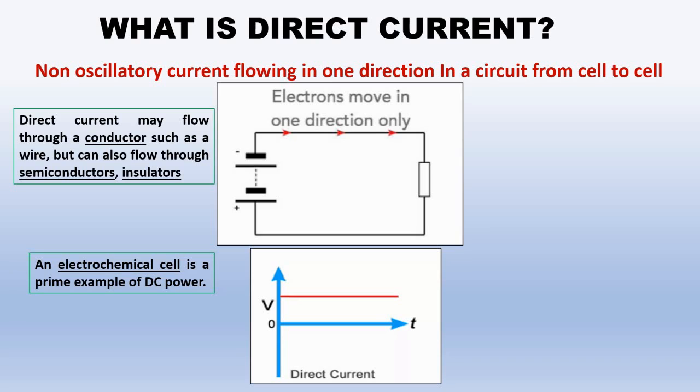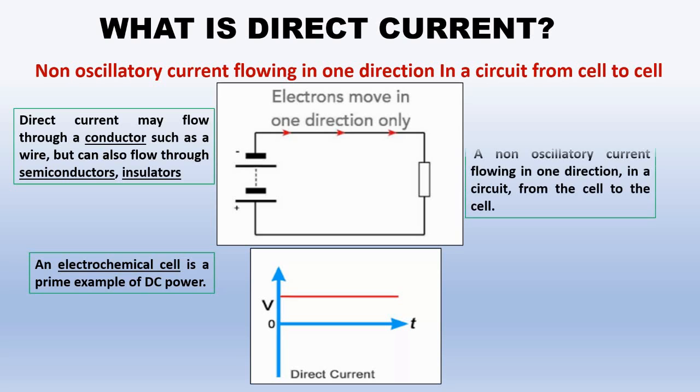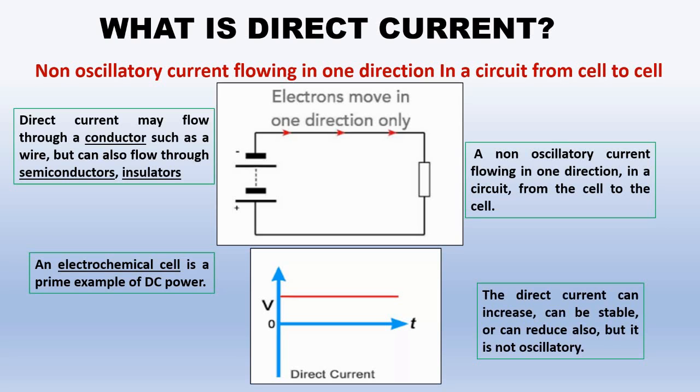This is the graph of the direct current, that is the voltage versus time. Here we can see the red color line, that means this current can be stable at some time. So it is a non-oscillatory current flowing in one direction in a circuit from cell to cell. The direct current can increase, can be stable, or can reduce also, but it is not oscillatory.